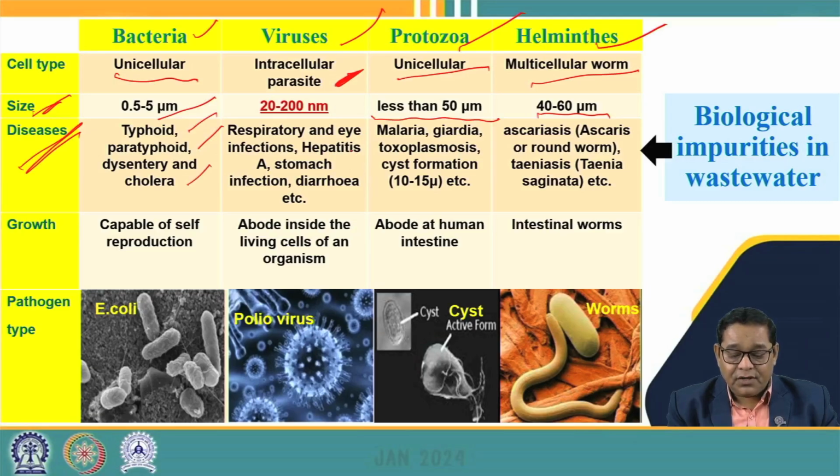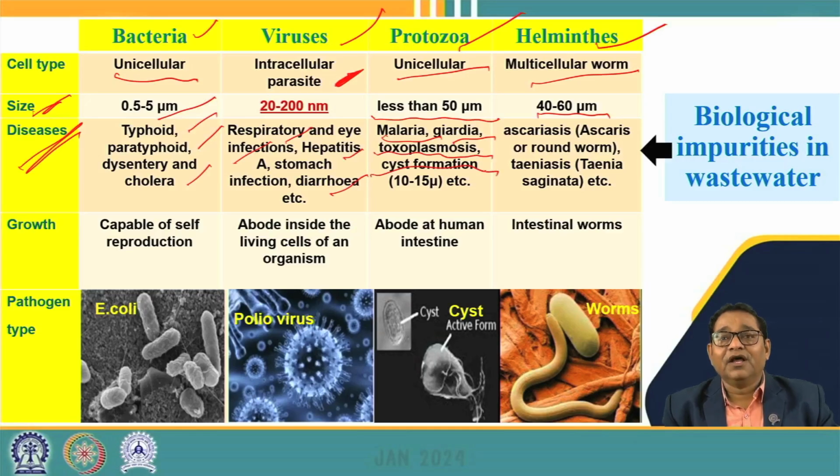If we talk about viruses, they may cause respiratory problems, eye infections, stomach upsets, and diarrhea. Protozoa may cause malaria, toxoplasmosis, and cyst formation. So there are a number of types of health problems they are associated with.